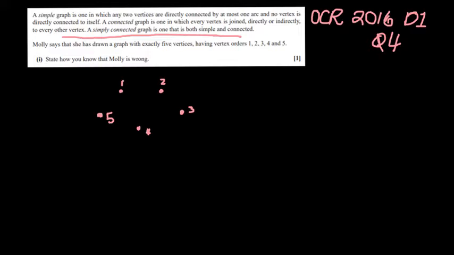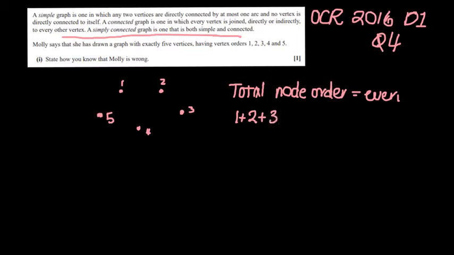And we're being asked to state how we know that Holly is wrong, that she hasn't drawn a graph. Well, I've got a couple of options here, and one of them is to think about what I know a graph must have. And we mentioned earlier that a graph must have a total node order that is even. Well, given that I know the respective vertex orders, let's total up what I've got. So I've got 1 and 2 and 3 and 4 and 5. That's a node order of 15.